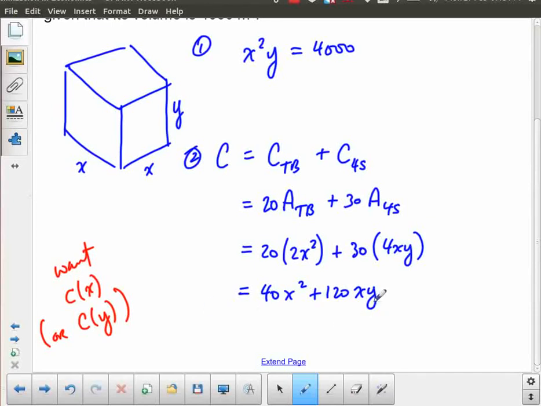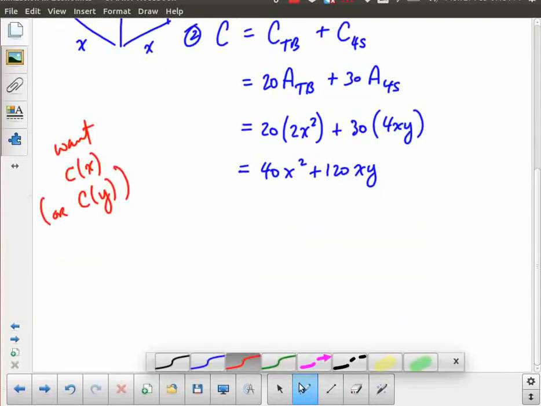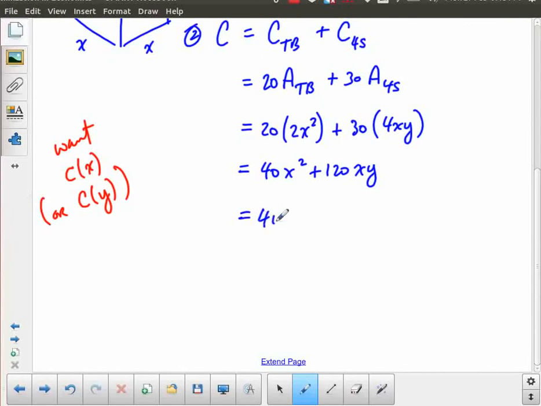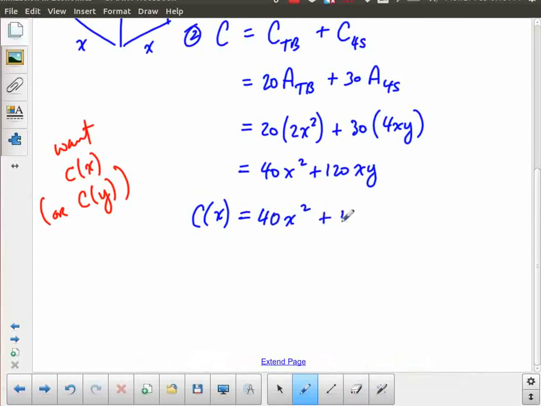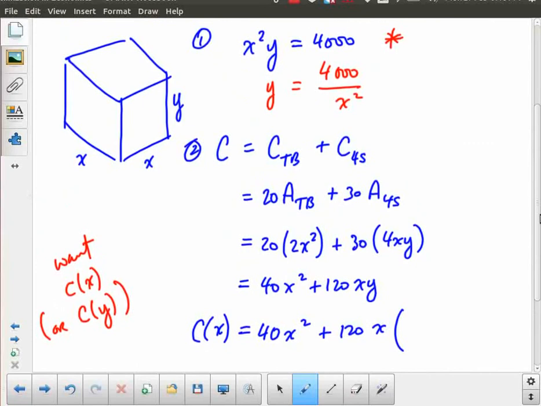Now the way that we're going to get rid of this y is we're going to come back up here and make use of this relationship, and we're going to rewrite it as y equals 4,000 over x squared. And by doing that, it allows me to now write this as C of x is equal to 40x squared plus 120x, but we're going to replace that y with 4,000 over x squared.